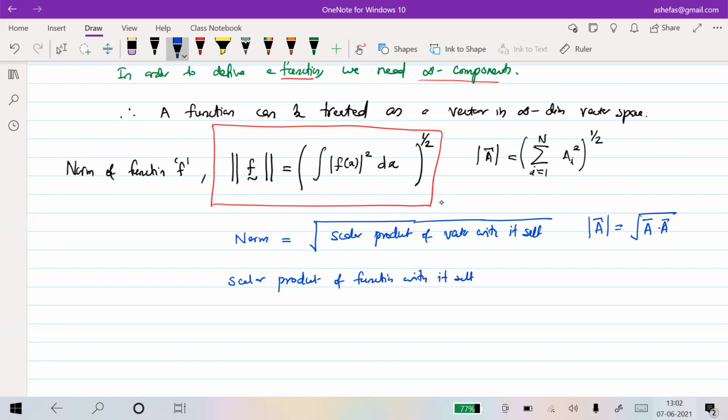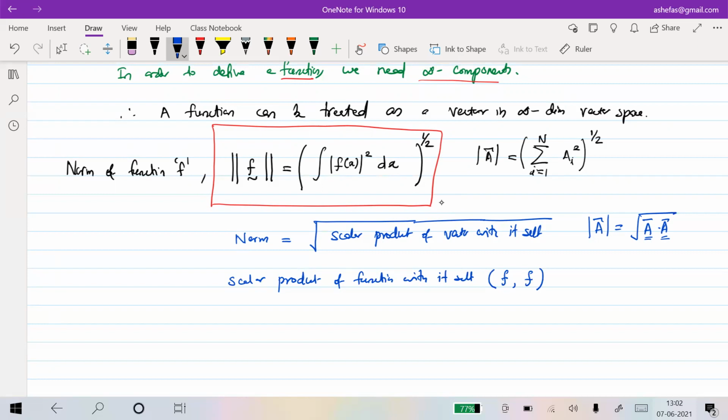For vectors we denote this A dot A, but for functions we denote it with the symbol bracket open f comma f bracket closed. This is the notation for the inner product.